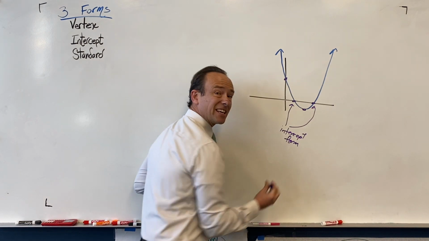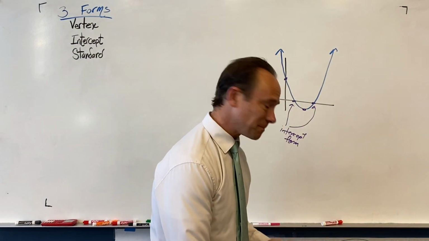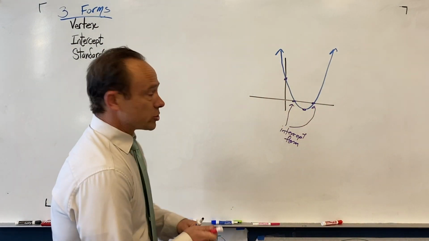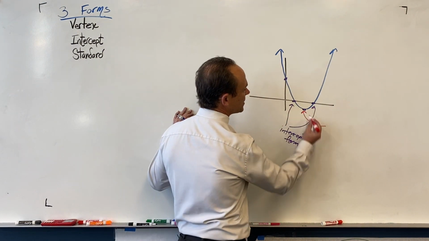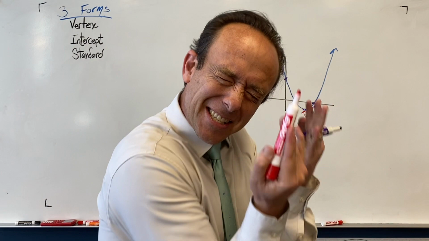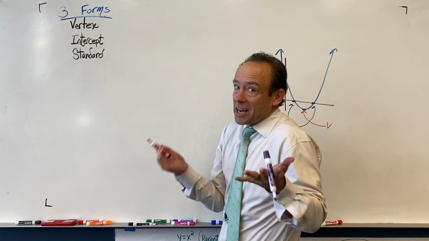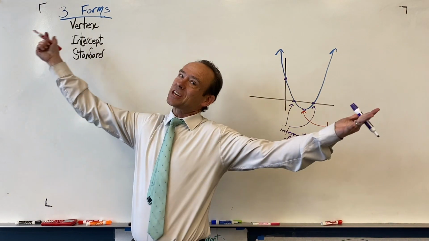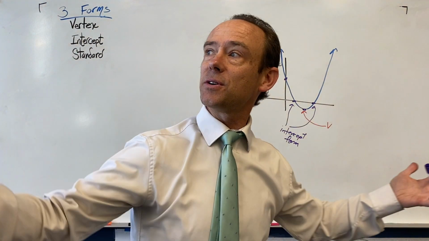So when it comes to intercept form, we're thinking x-intercepts. The other super critical point is the vertex, the center of the parabola, the center of that symmetry. That, probably not surprisingly, is from vertex form. Vertex form gives us the vertex.